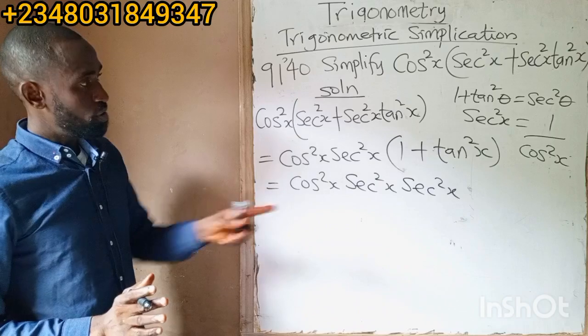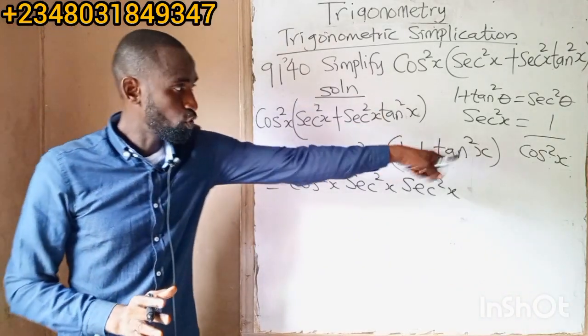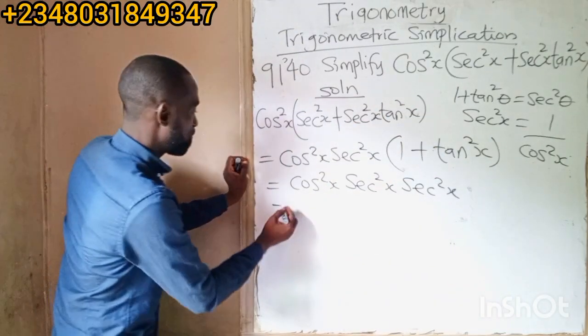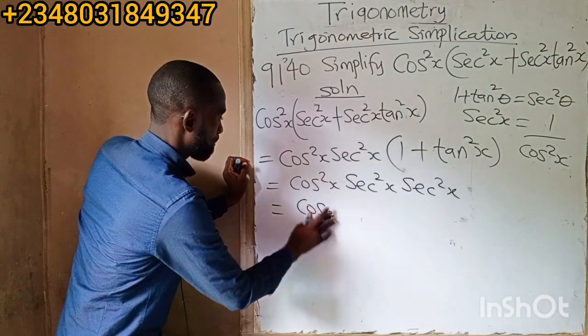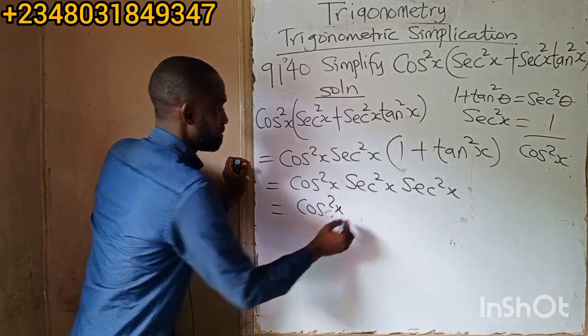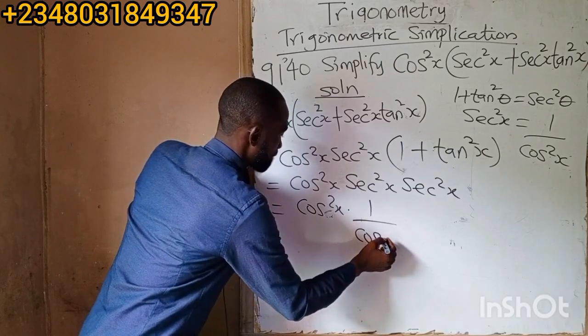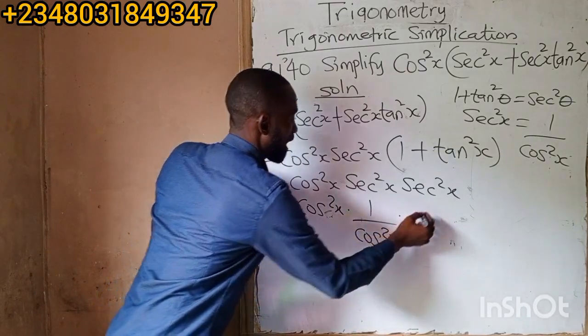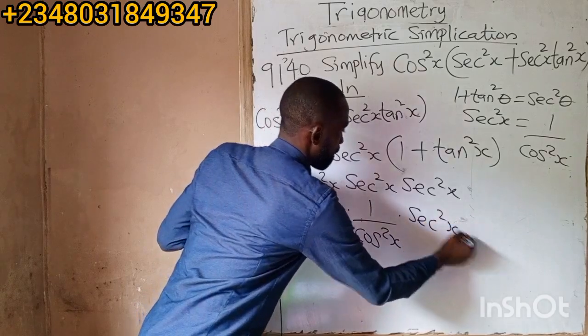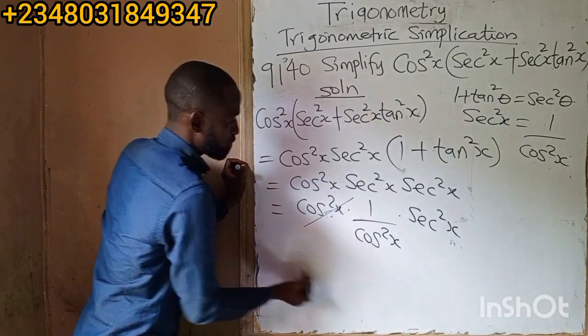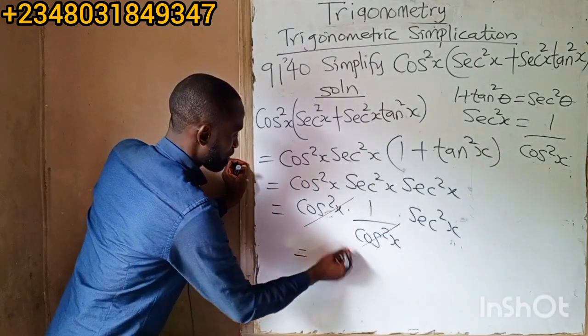Sec is the inverse of cos. So we now have cos square x times 1 over cos square x times sec square x. What will happen? Cos square x will cancel out cos square x.